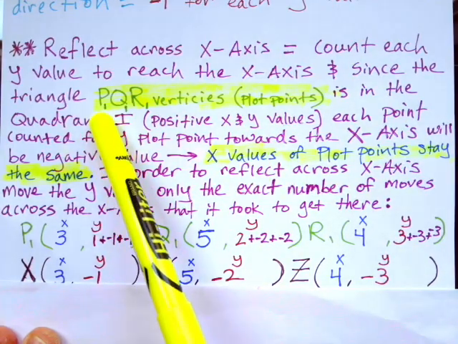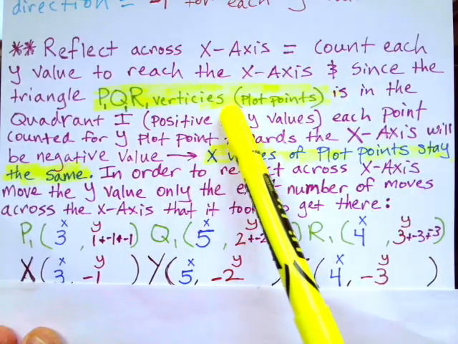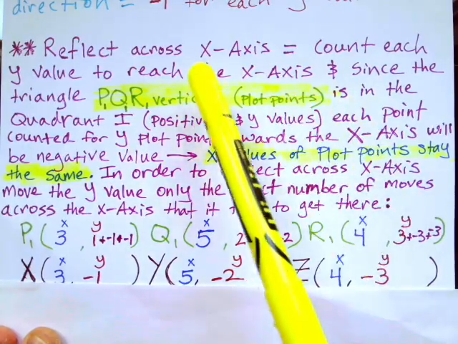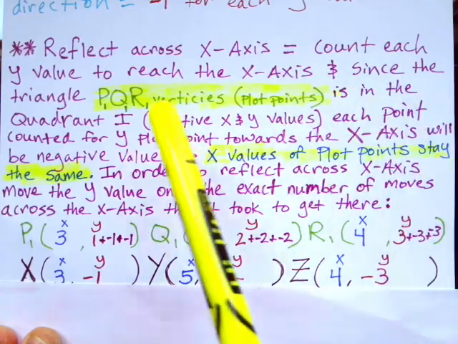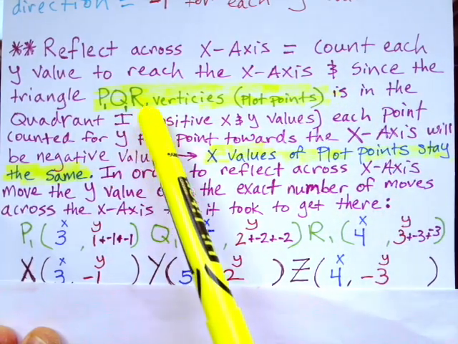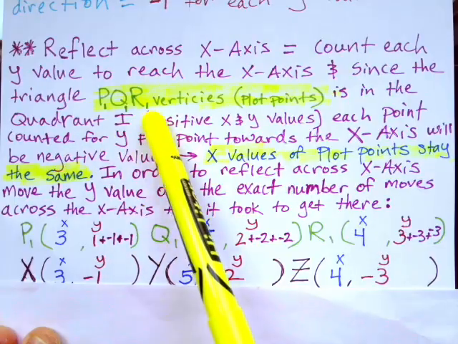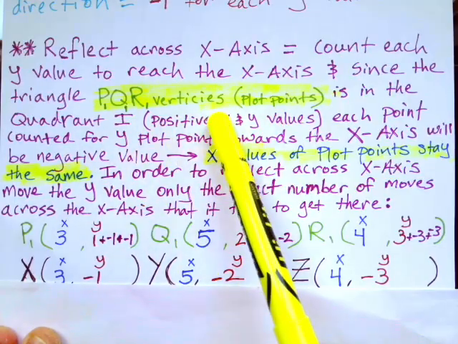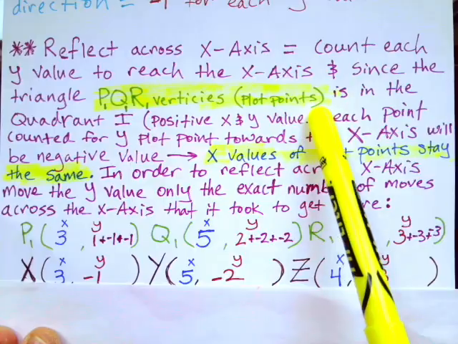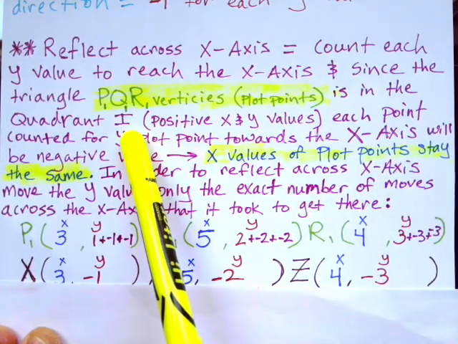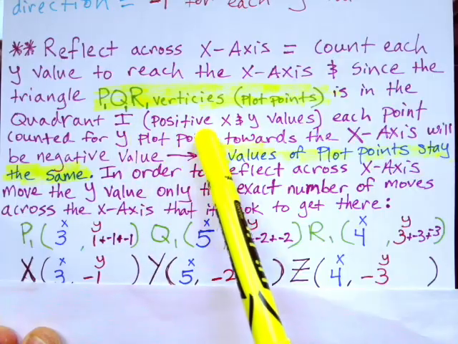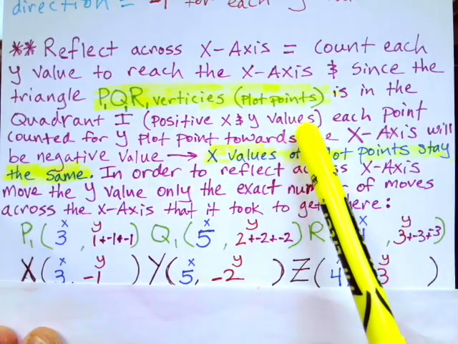You're going to count how far it takes to reach the x-axis. And since the triangle P prime, Q prime, R prime, that's the translated triangle, the vertices, those points on the triangle, or plot points, is in the first quadrant. If you don't understand that, check out my videos, positive x and y values.